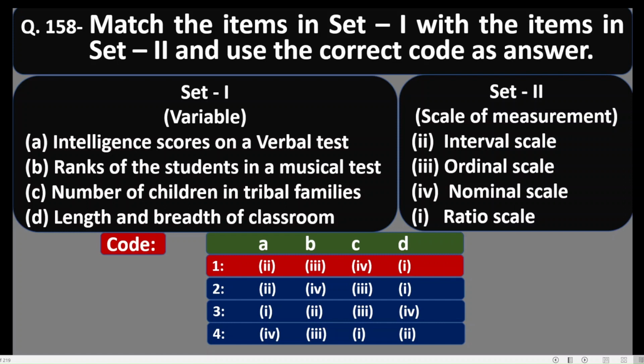So in this way, intelligence scores on a verbal test is interval scale, ranks of the students in a musical test is ordinal scale, number of children in tribal families is nominal scale, and length and breadth of the school classroom is ratio scale.